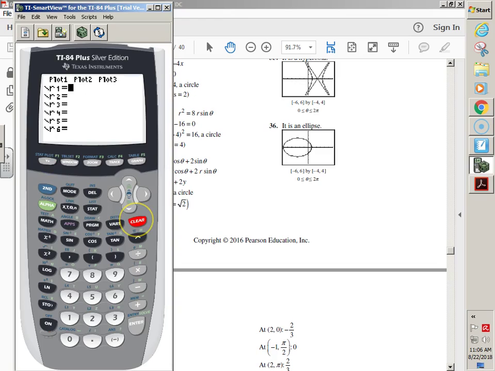What's my function? R equals 12 all over, like that? I'm going to start with Zoom Standard. I would do zoom box, but it takes too much time. 6 and then like 2-ish.